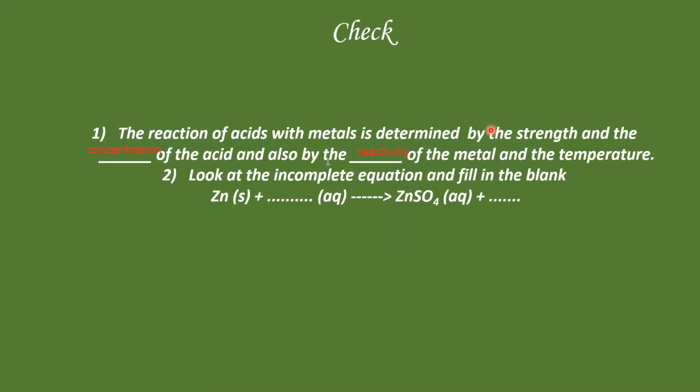Now the second is look at the incomplete equation and fill in the blank. Zn plus something gives ZnSO4 plus something. Okay. So now folks, remember we are talking about hydrogen. So let's say I have Zn, which is zinc. Zinc is Zn plus dash aqueous, which is going to be a dilute acid, gives me ZnSO4. I'm going to write it properly over here.